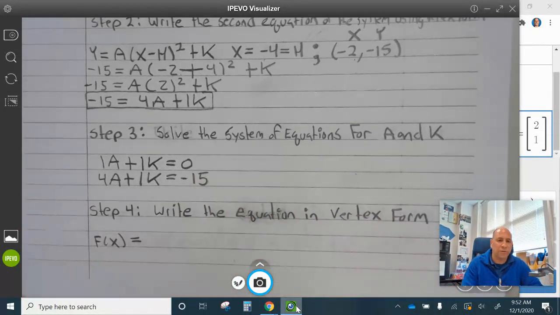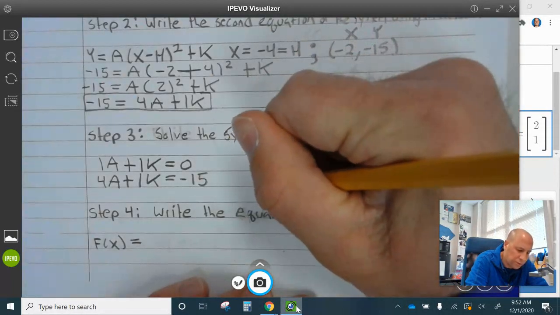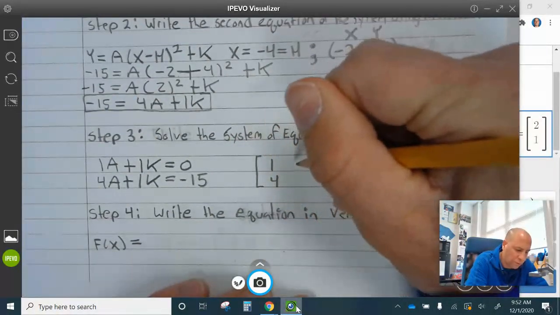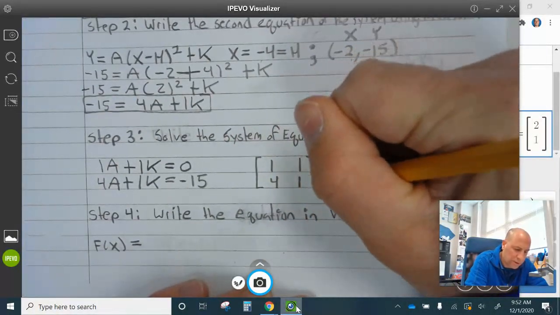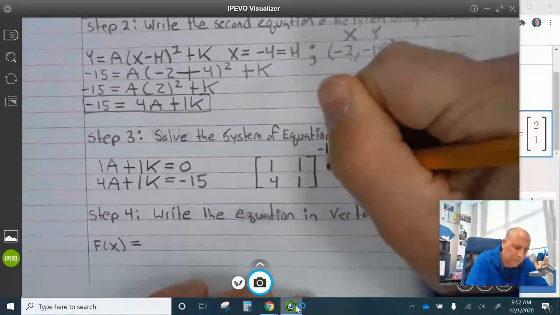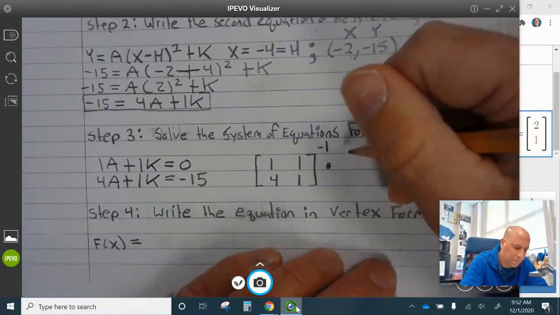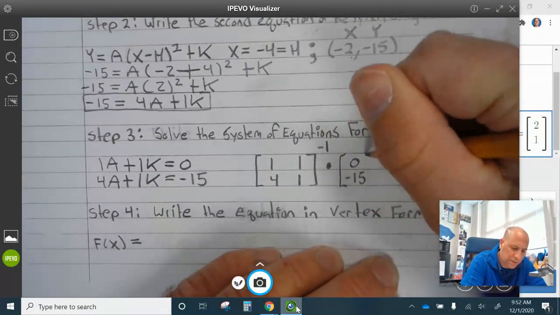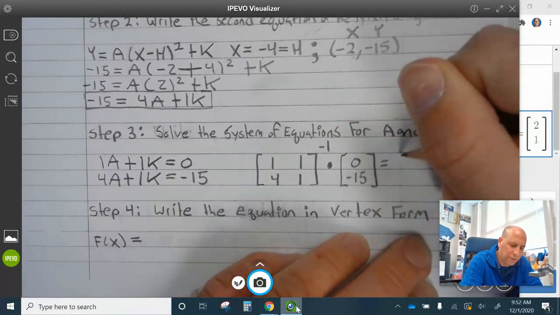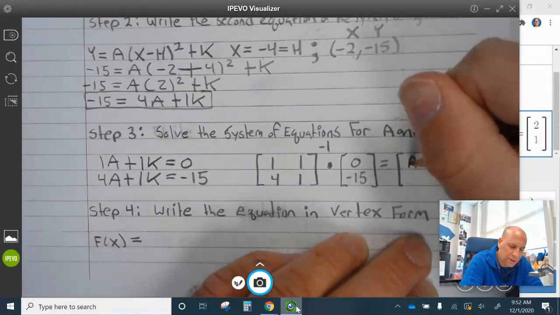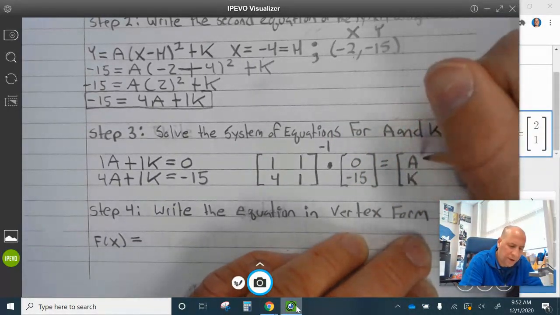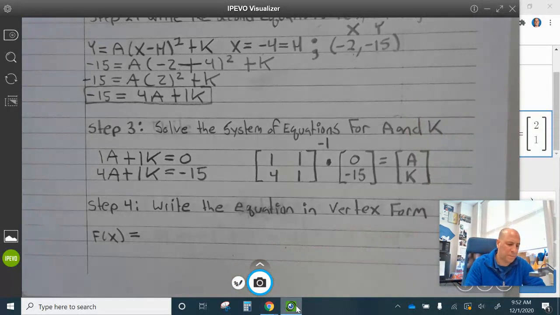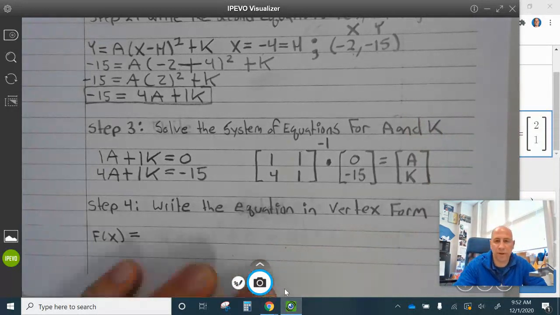Now we know to solve system we can use A inverse B. So in Desmos we're going to type in 1, 4, 1, 1 inverse times 0, -15, and that is going to give us our A and K value. So let's do that now.